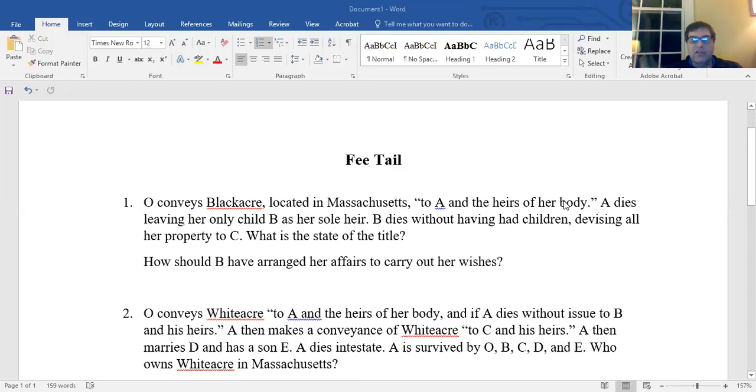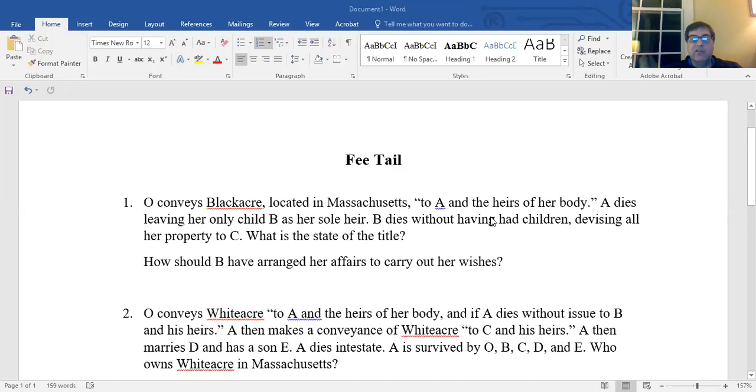And so A has a fee tail estate, O has a reversion. Then we're told A dies, leaving her only child B as her sole heir. Since it's a fee tail estate, B then becomes entitled to possession and is the fee tail tenant under the original grant from O.